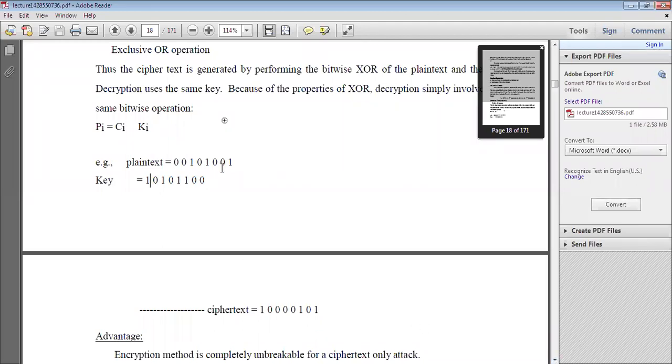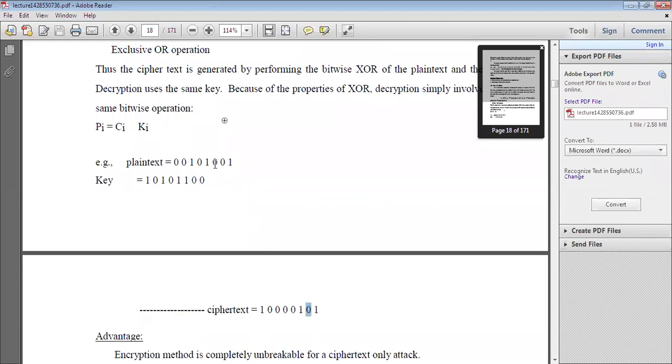For example, the first digit of the key is 0, and the first digit of the plain text is 1, so automatically the cipher text is 1. Next one, plain text is 0 and the key is also 0, so the cipher text is 0.